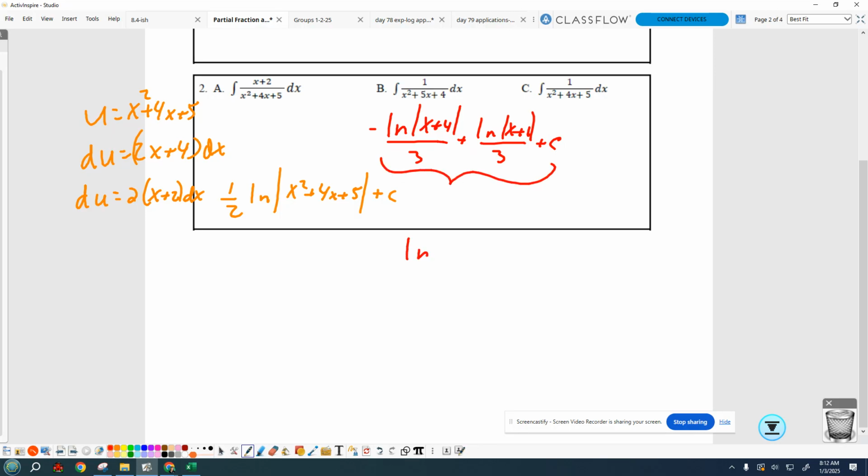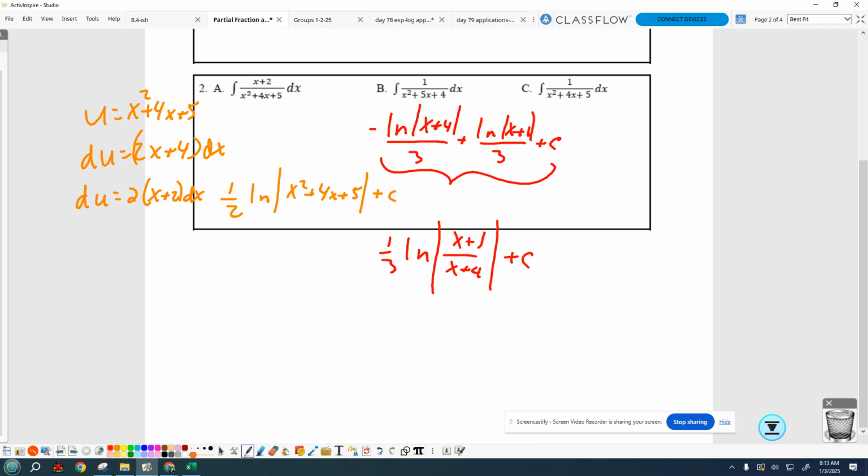And AP will leave this answer as is, just a heads up. So number 1 was u substitution, number 2 was partial fractions. Number 3 doesn't factor, so it can't be partial fractions.